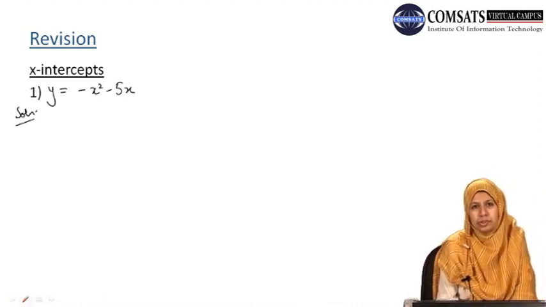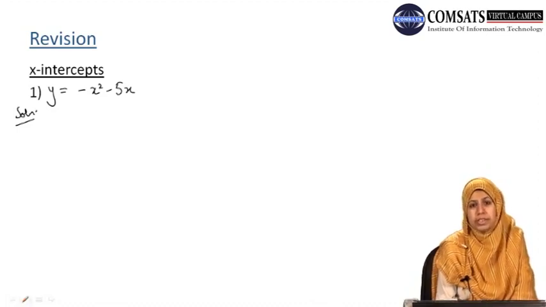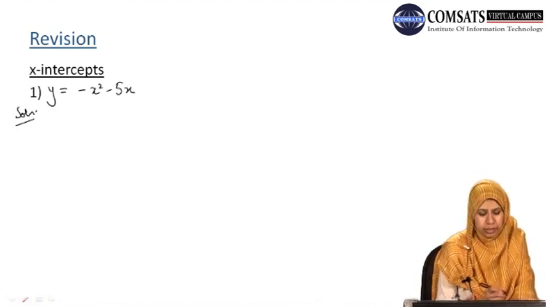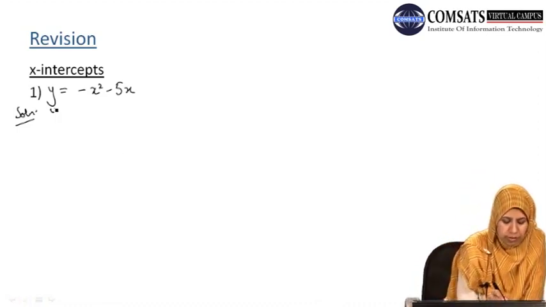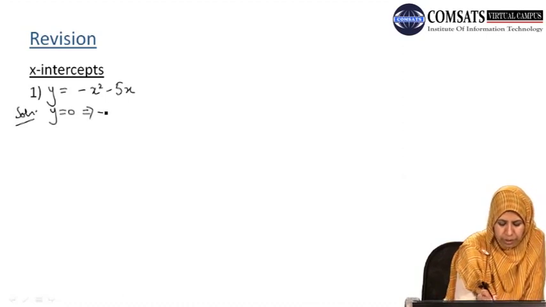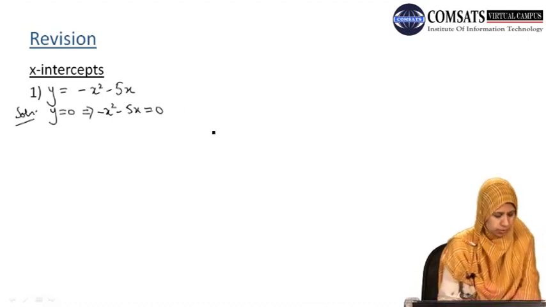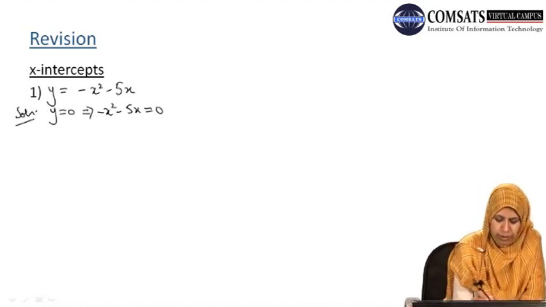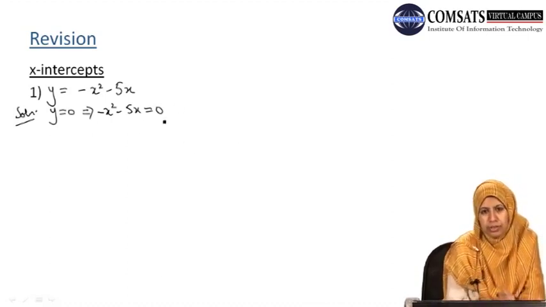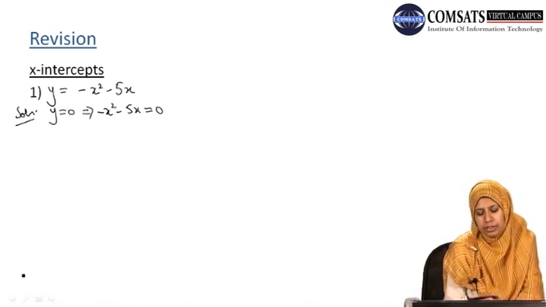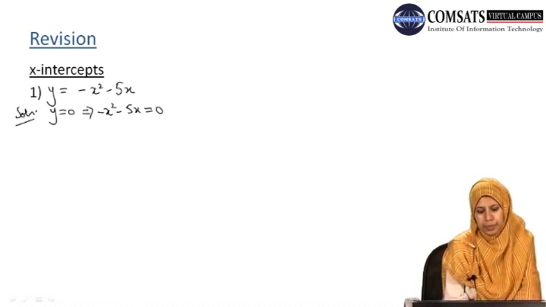Then x-intercepts are basically those points where the graph intersects the x-axis, which means that at those points y is equal to 0. So by putting y equals to 0, we obtain -x square minus 5x equals to 0. Now we have a quadratic equation or a second degree equation in one variable.